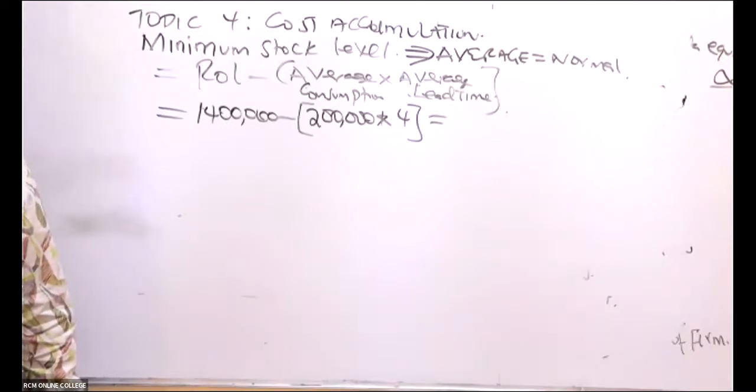So you add all of them, get the total, and then you divide by 12. On average, in this case here, what is our TR?